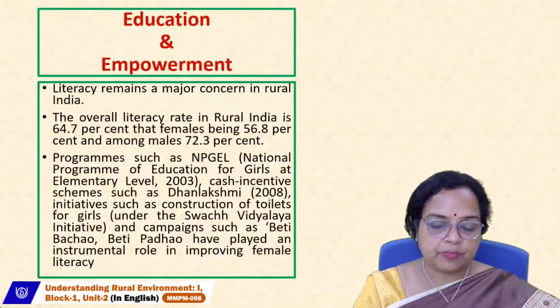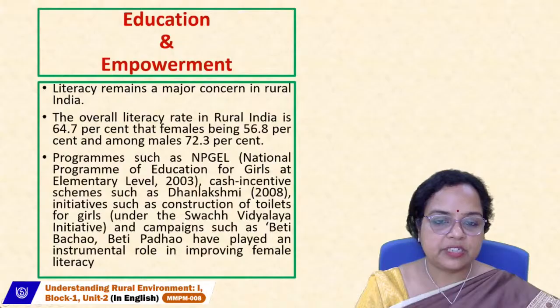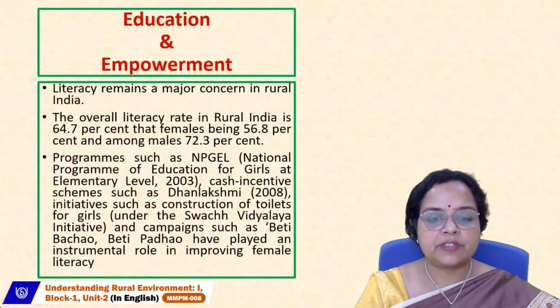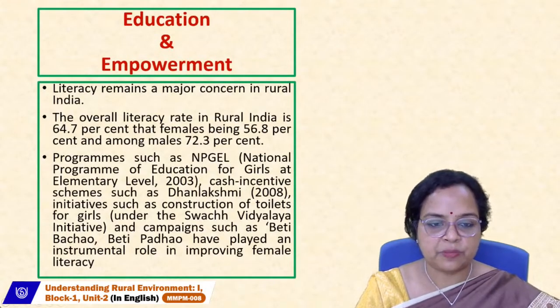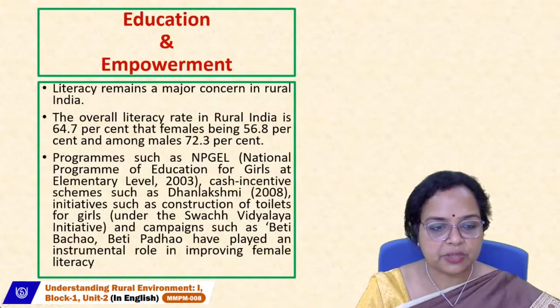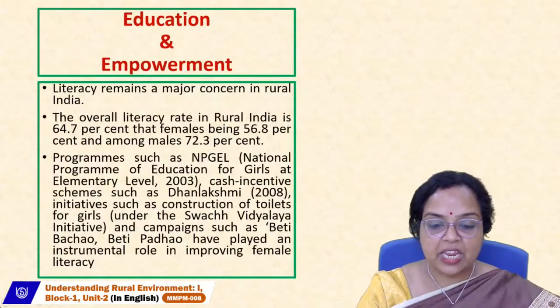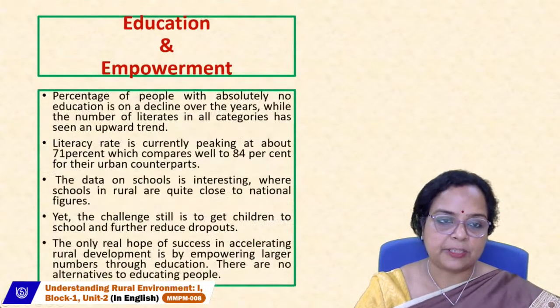After the role of women, it is the role of education and empowerment. The overall literacy rate in rural India is 64.7%, with females at 56.8% and males at 72.3%. Programs like the National Programme for Education of Girls at Elementary Level 2003, cash incentive schemes such as Dhan Lakshmi, construction of toilets for girls, and campaigns such as Beti Bachao Beti Padhao have played an instrumental role in improving female literacy.